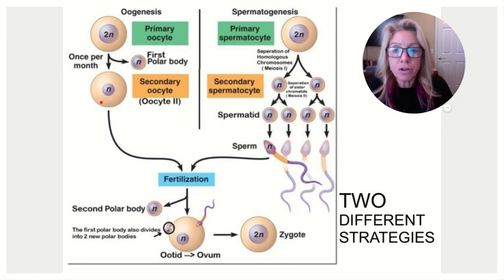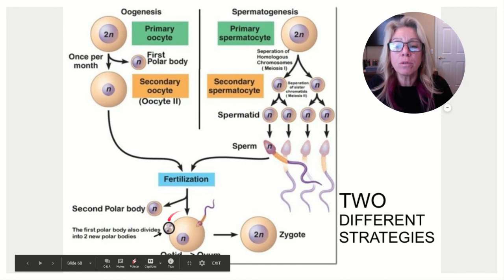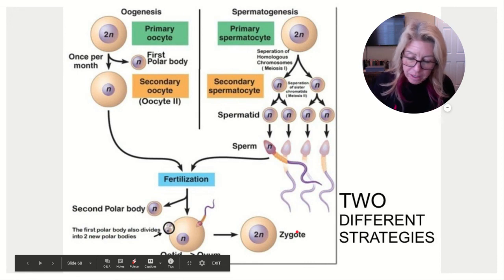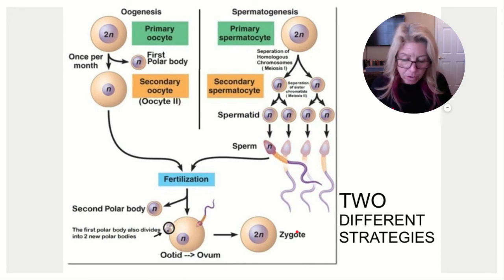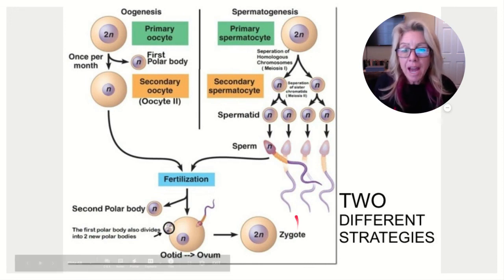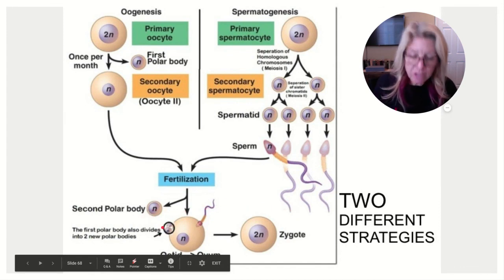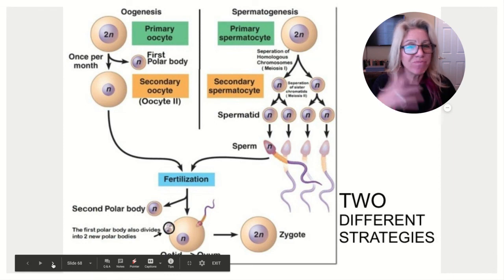Then this sits in your ovary, it gets ovulated, and if a sperm shows up, then you will do cytokinesis 2, and then that sperm and egg can fuse to form your diploid zygote. And what happens to these polar bodies? Those polar bodies will deteriorate, just go away.